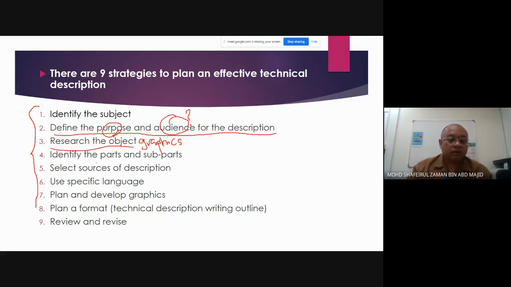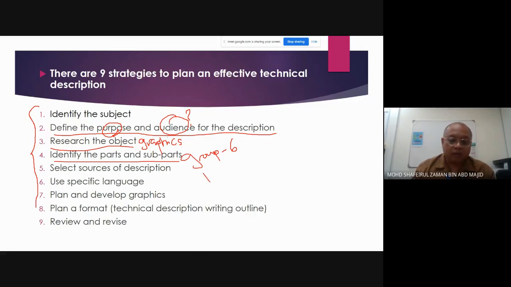Number four, identifying the parts and subparts. If you're asking me, sir, if we're going to describe a product, how many parts or subparts do we need to have? In previous semesters, if it is a group work of three, normally you're going to look at six main parts or subparts.